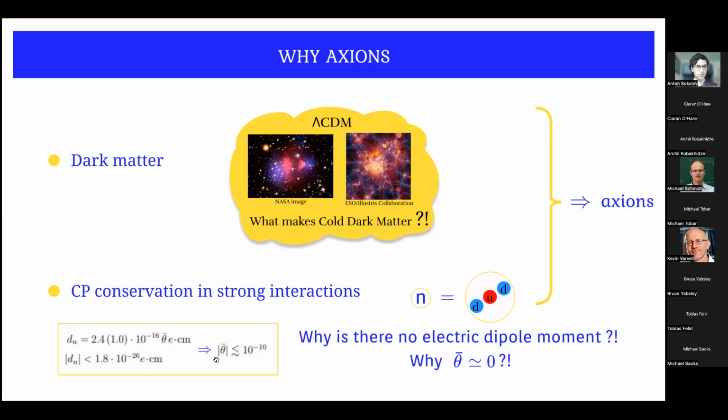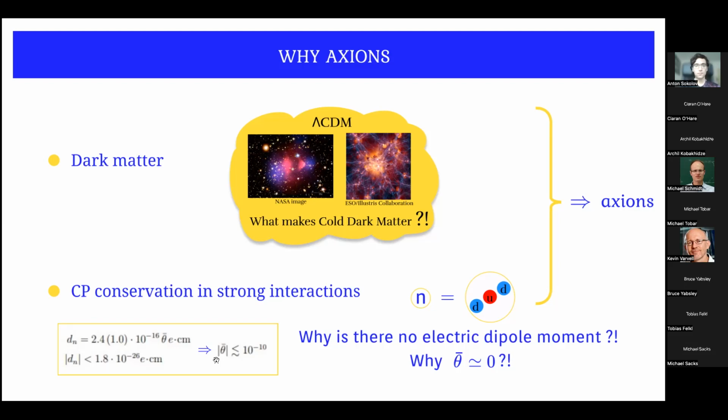Actually it is directly proportional to the electric dipole moment of the neutron, and it turns out that this electric dipole moment is very, very small, and it couldn't be measured with very precise experiments. And this means that this theta parameter is basically zero, and there is no reason for such a coincidence in QCD.